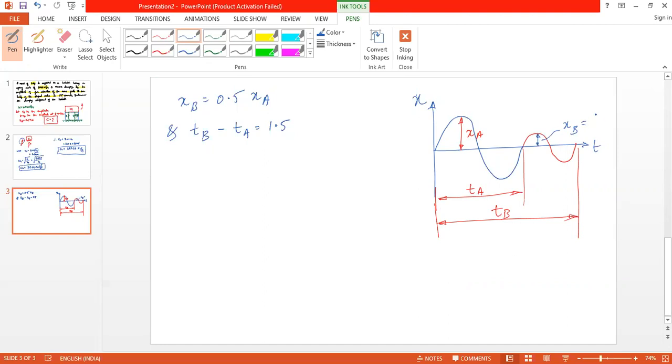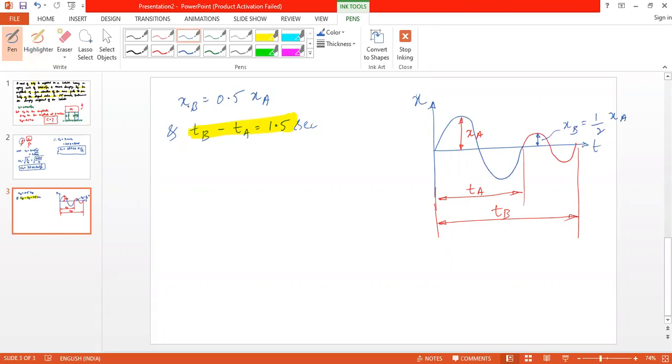XB, and that XB is equal to half of XA, as given in the question. It becomes half in 1.5 seconds. So TB minus TA is 1.5 seconds. Any doubt? No, sir.